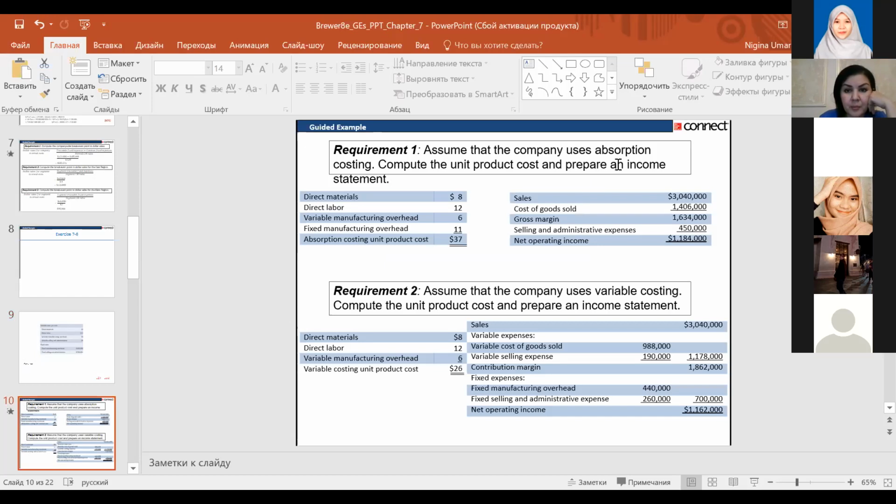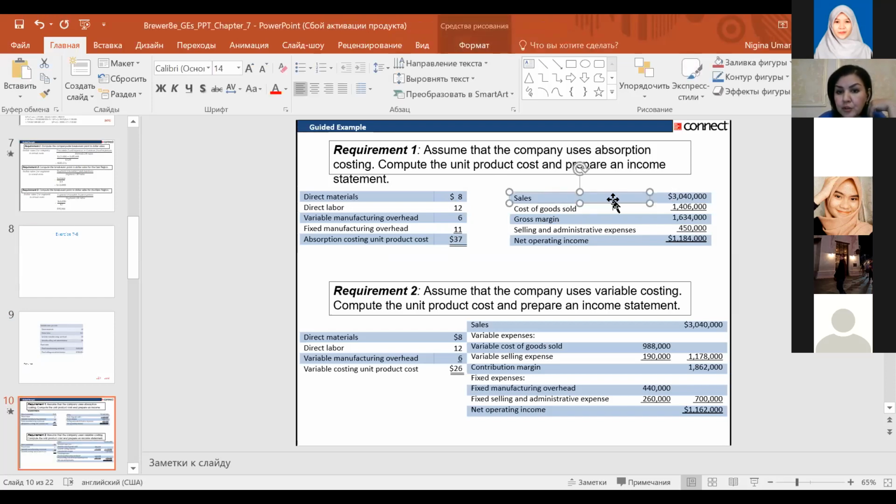So a company uses absorption costing: direct materials plus direct labor plus variable manufacturing overhead plus $11 fixed manufacturing overhead. Unit product cost, $37. Sales revenue: how do we calculate it? Number of units sold, 38,000, multiplied by selling price.